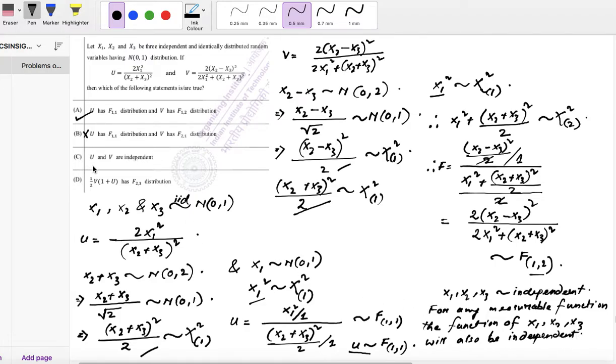U and V are also functions of x1, x2, x3. This one is also a function of x1, x2, x3, so this one is correct.